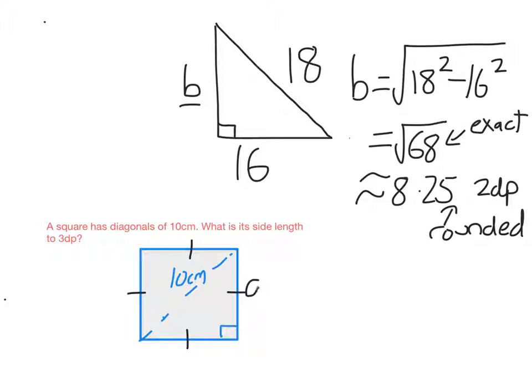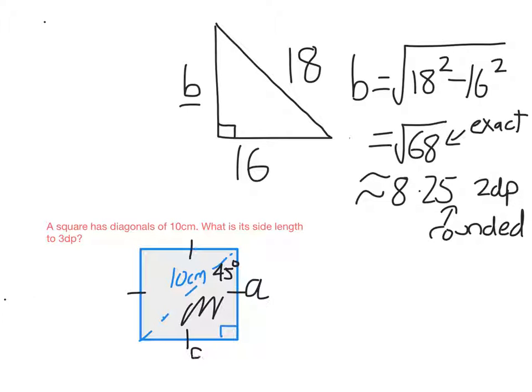So I'm going to let this side be A. Now it turns out that I can use Pythagoras theorem, if I know the hypotenuse, to find the lengths of the shorter sides in a right-angled isosceles triangle. So this triangle here is right-angled, but it's also isosceles because two sides are equal. So that means that this angle here will end up being 45 degrees.